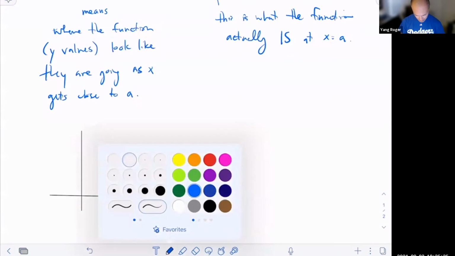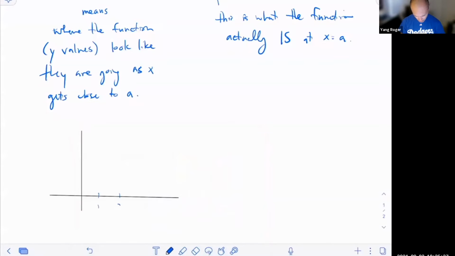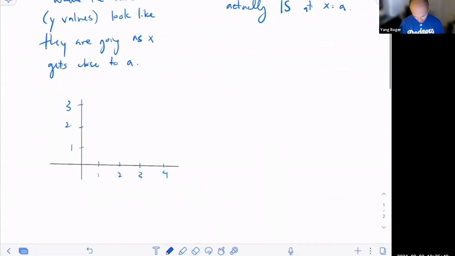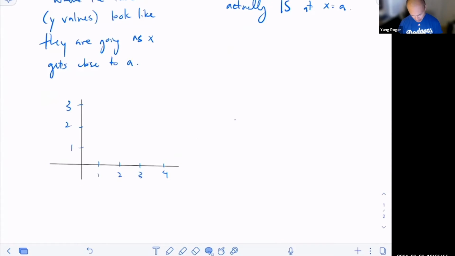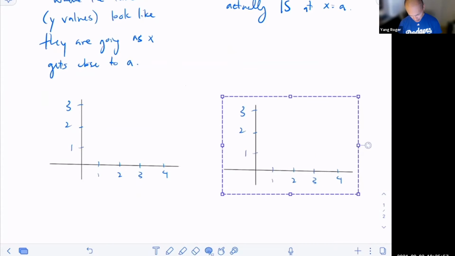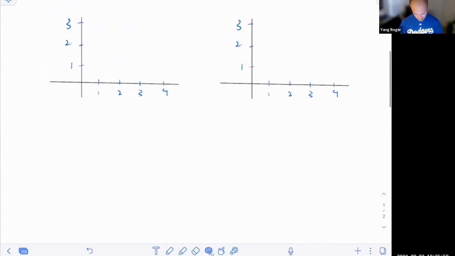Let's say that we got like 1, 2, 3, 4, 1, 2, 3, like this. And then let me copy this picture 3 times. So let's copy this guy, put it here, and let's put it here as well.